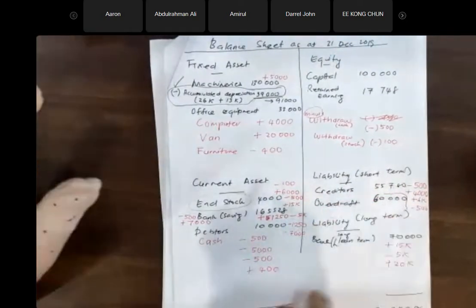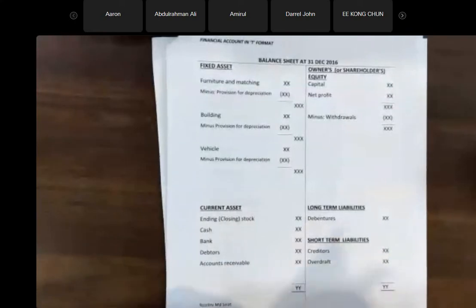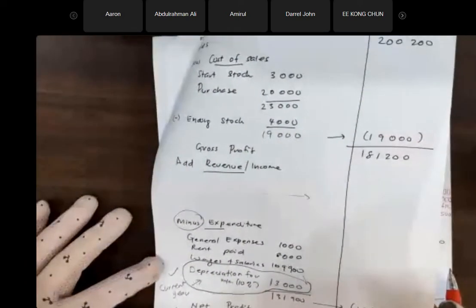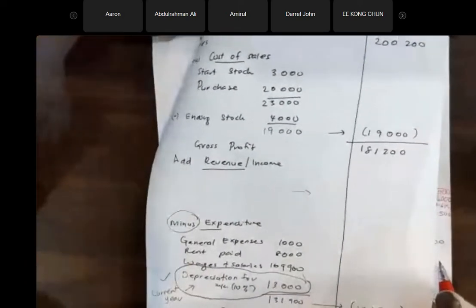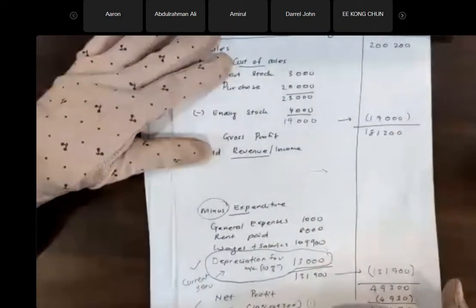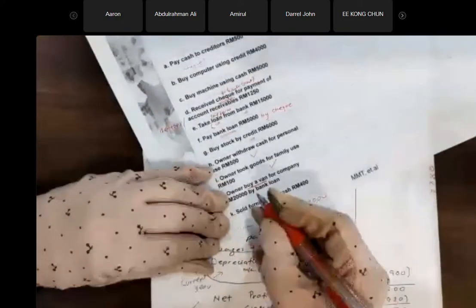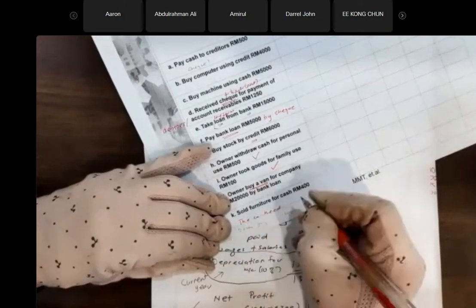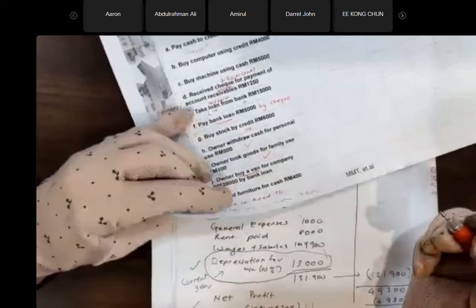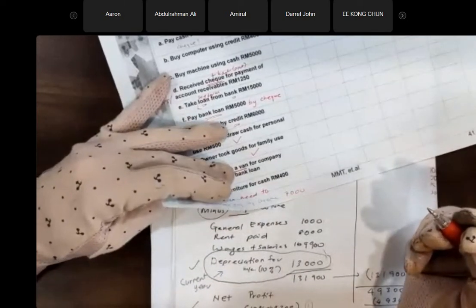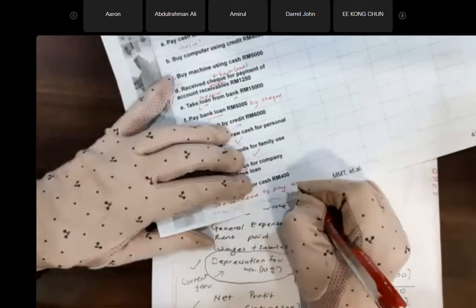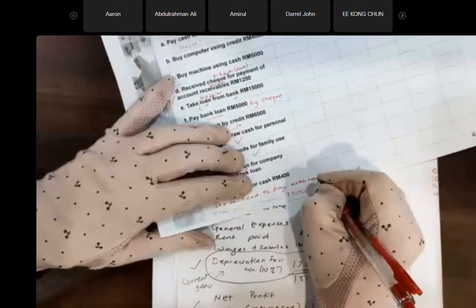Okay, let's say ini macam tak ada lah. Okay, let's say the company need to pay extra, mungkin rental dia dah bertambah.